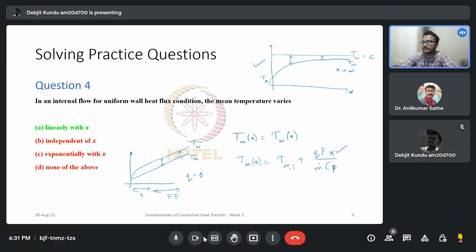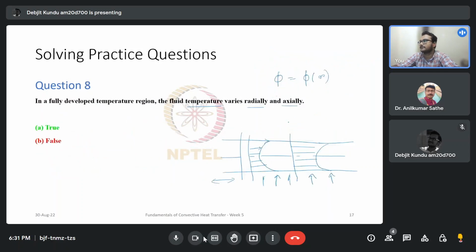This is increasing with x, but the profile does not change after developing. So now, if I go back to my thing over here, all these temperatures are getting increased.